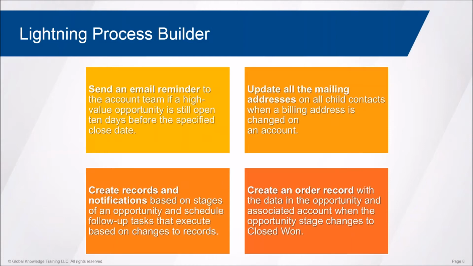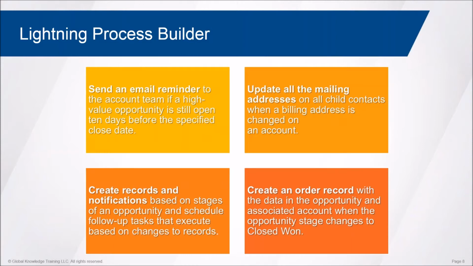We can also create an order record with the data from the opportunity and associate it to an account when the opportunity stage changes to closed won. So if a sales professional closes some business with a customer, we want an order record to be created automatically, because when a customer purchases something from us, we always have an order record to ship or to begin the fulfillment process of whatever product that customer has purchased from us.